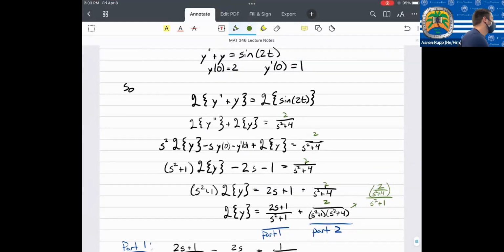So that was the correction we had to make, right? Laplace transform of sine of 2t is 2 divided by s squared plus 2 squared. But 2 squared is 4. So, any questions?